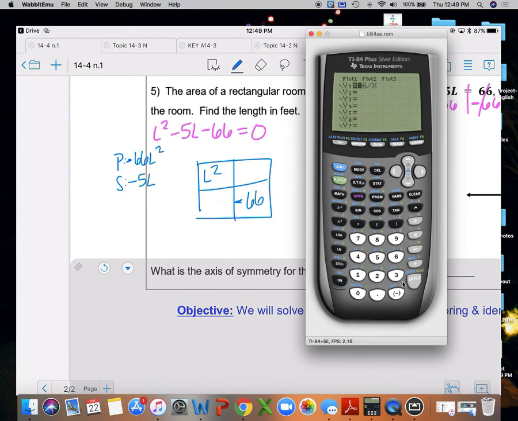So in y equals, I will put my product of negative 66 divided by x. Second table and search for the sum. I'm looking for negative 5. I only look at whole numbers, so I skip decimals. Ooh, 6 minus 11 would give me negative 5.